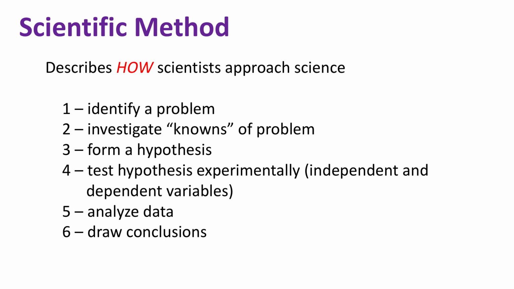And from those knowns, form a hypothesis. That hypothesis can then be tested experimentally using independent and dependent variables. From these tests, you'll then collect and analyze data, and then finally draw conclusions.